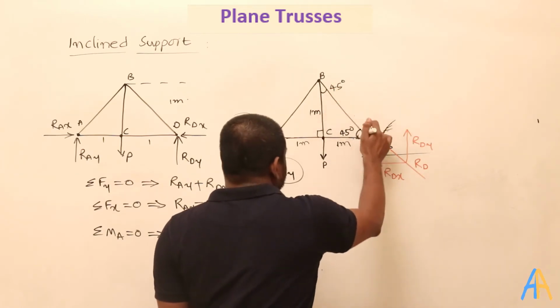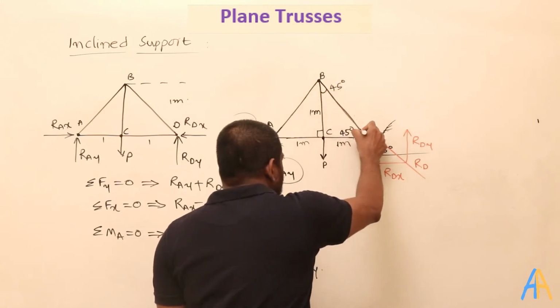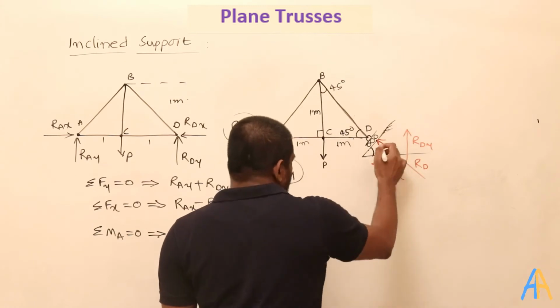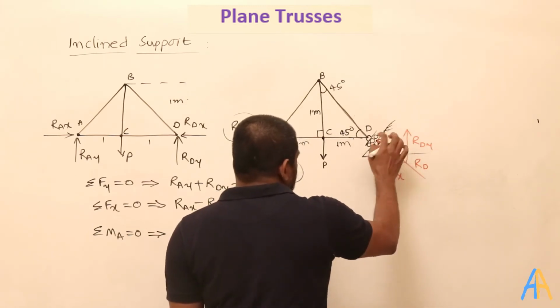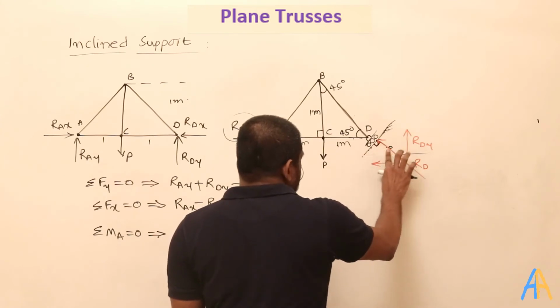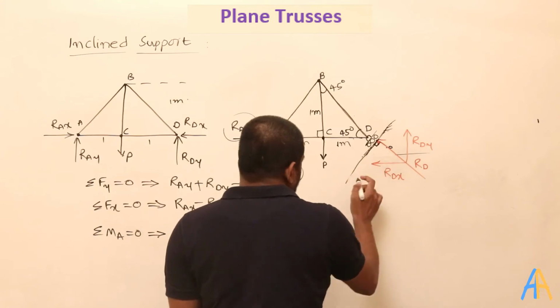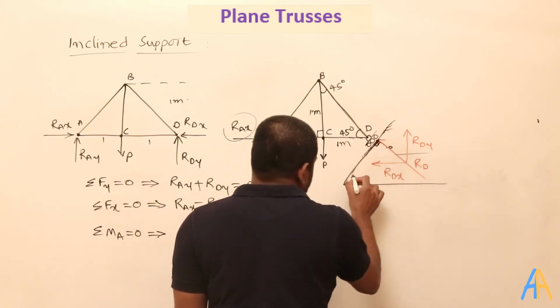So when this line is making 45 degrees with the horizontal, how much angle is the normal making here? The normal is also making 45. Why? Because in this triangle, if I extend this line further, see, this is the line, right?